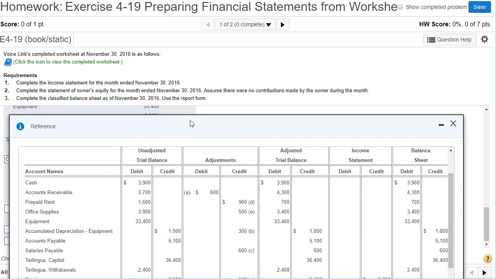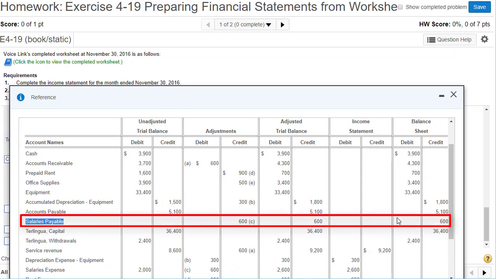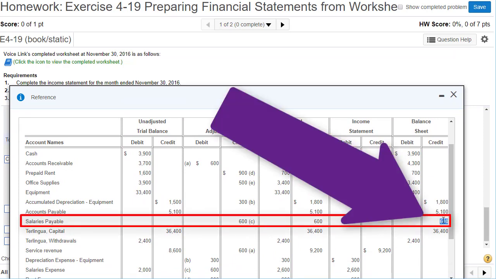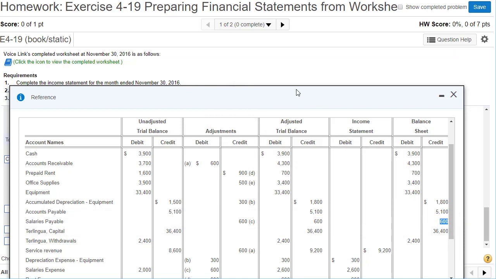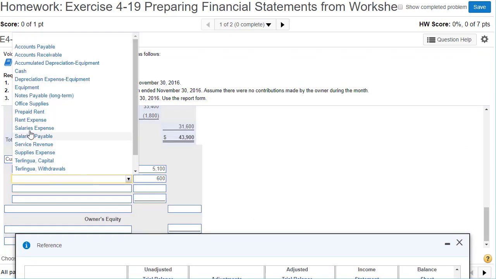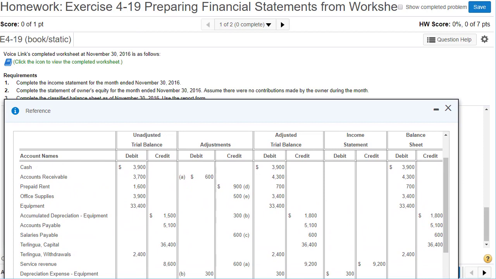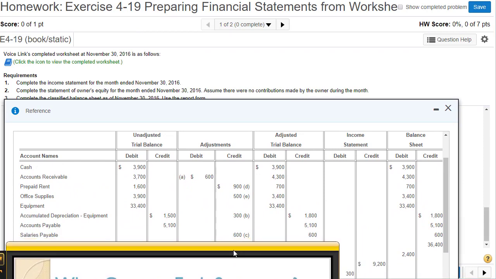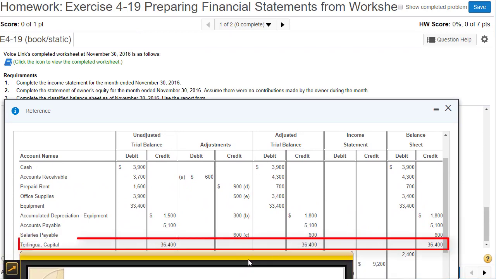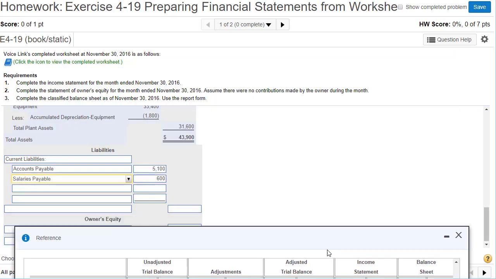So after our accounts payable, we've got salaries payable of $600. And let's see if we have any more. Let me use this as my straight edge. After salaries payable, we've got capital. So we're done with capital as an equity account, and we are done with our liabilities.